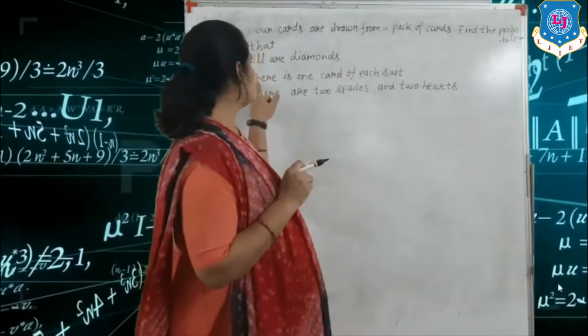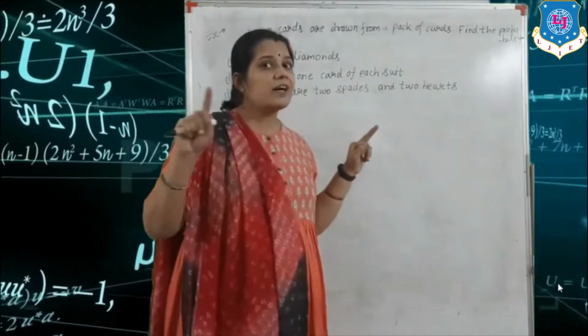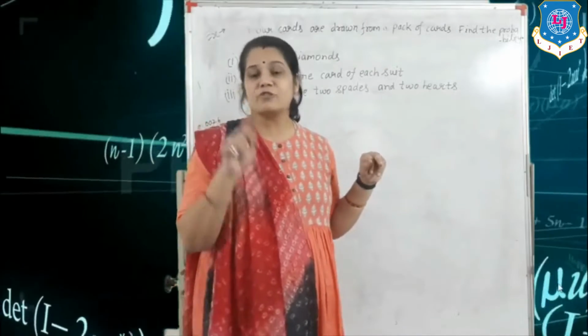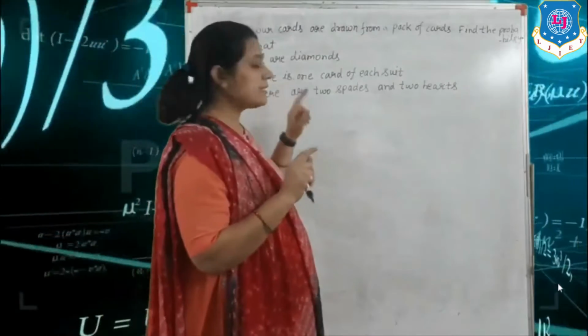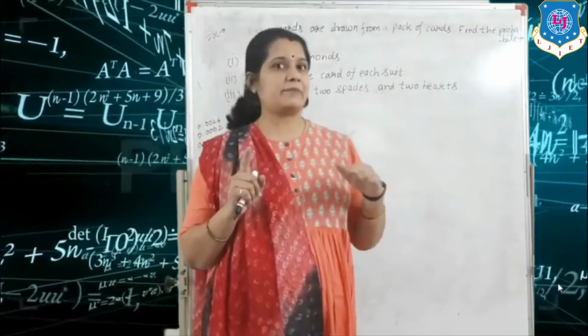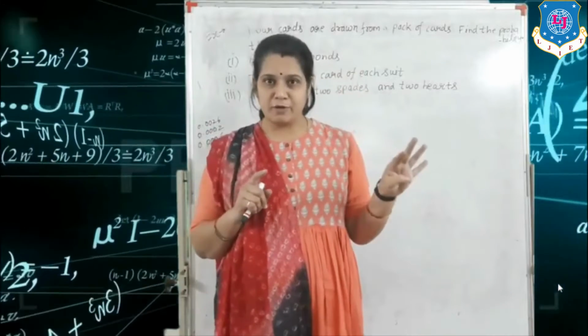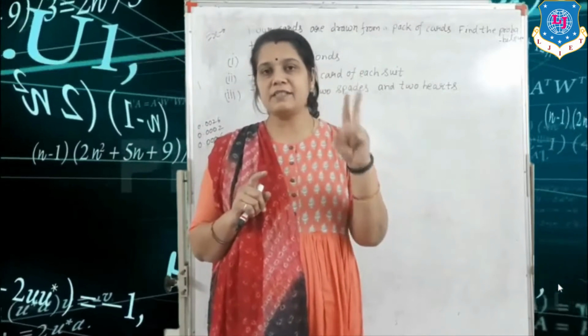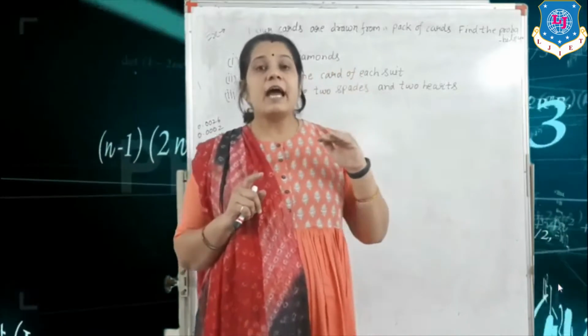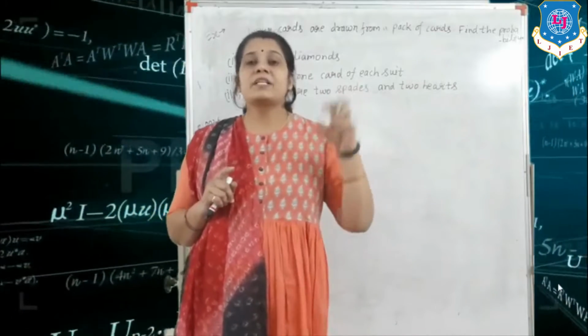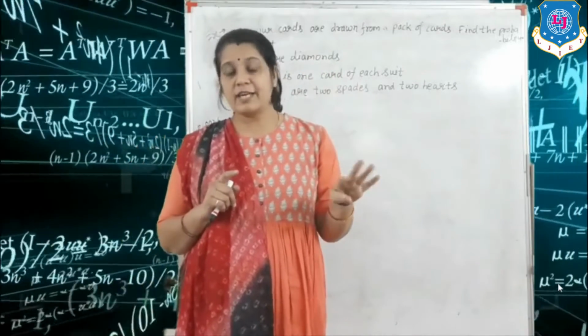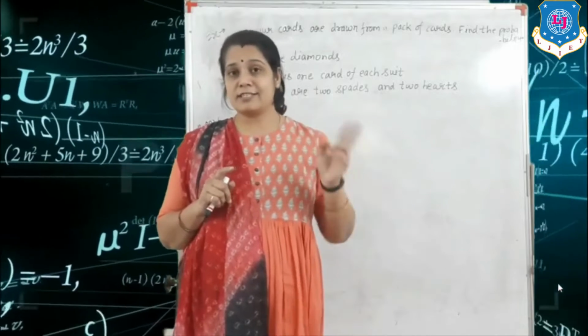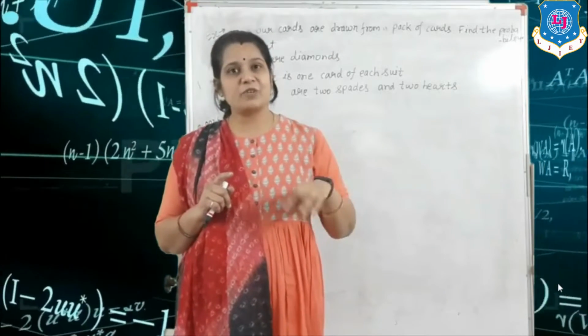Second, find the probability that there is 1 card of each suit. Don't be confused here. We have the 4 types of suits: clubs, diamonds, spades and hearts, and we randomly select the 4 cards. So one is club, one is spades, one is diamonds and one is hearts.